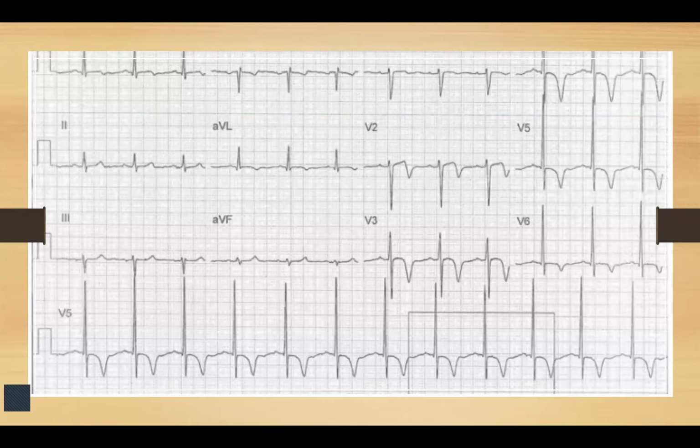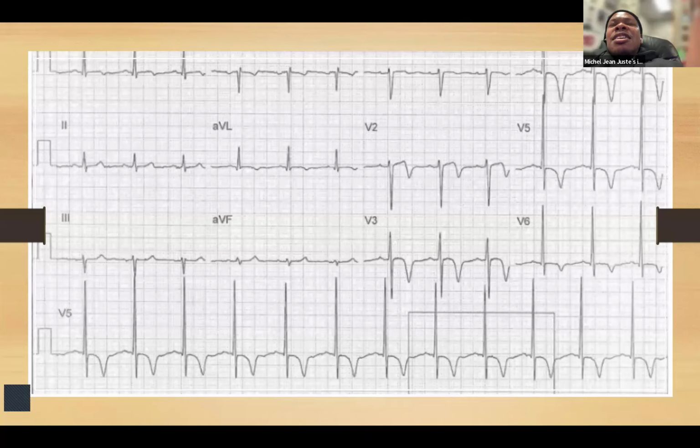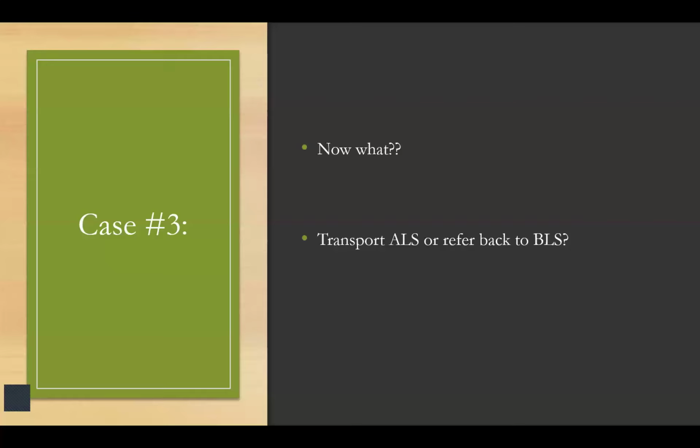What's the significance? I'm going to push you a little bit because I think you know this. What's the significance of this? It's supposed to be a sign of potential stenosis of the LAD. Perfect. Okay, so critical LAD stenosis. So this will be an ALS patient.